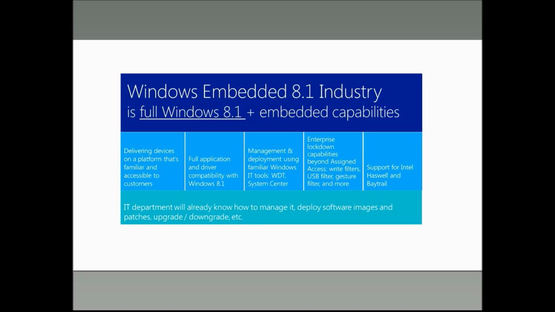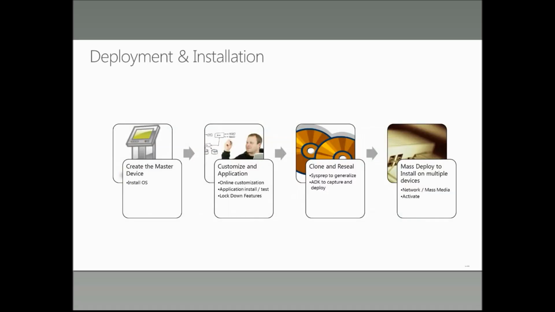So how do you deploy and install a Windows Embedded 8.1 device? Here it's very much a high-level overview, trying to give you a little bit of the major steps happening in a device manufacturer. For the interest of time, I'm not going to go into a lot of details, but maybe you may have some questions at the end of the presentation.